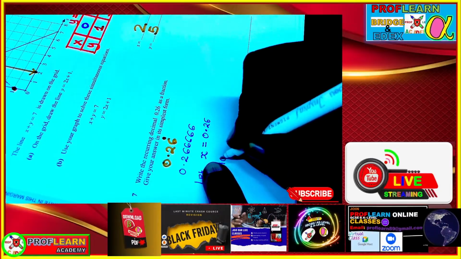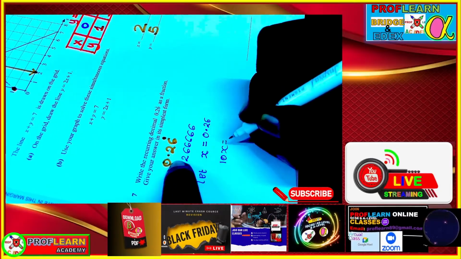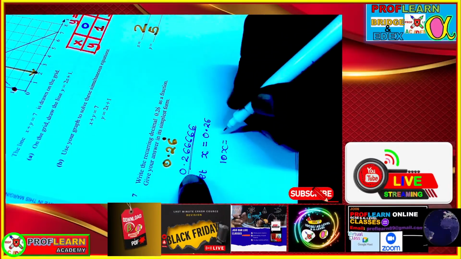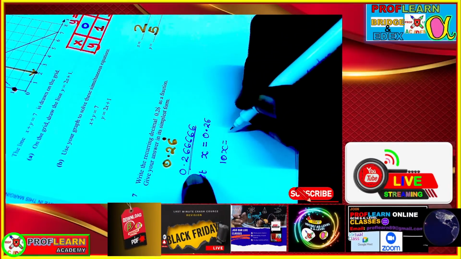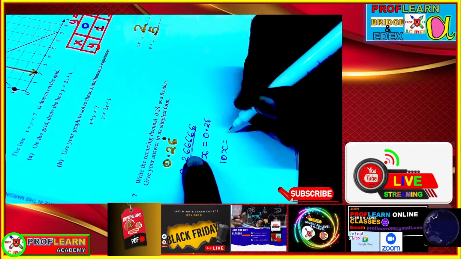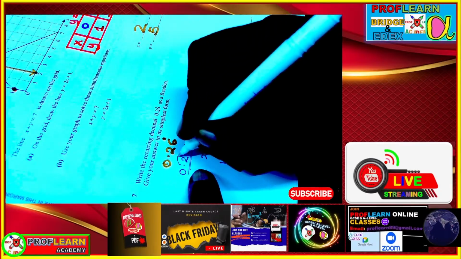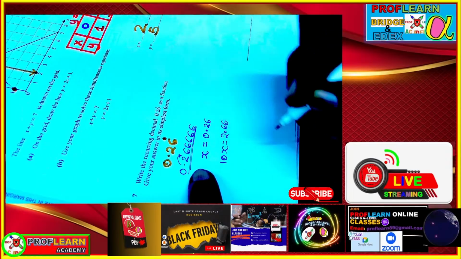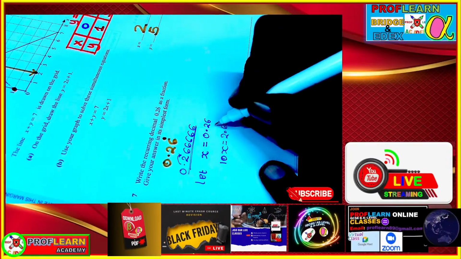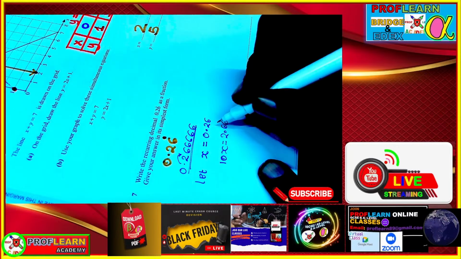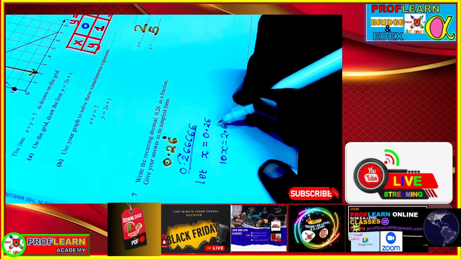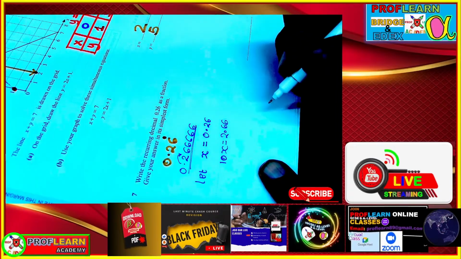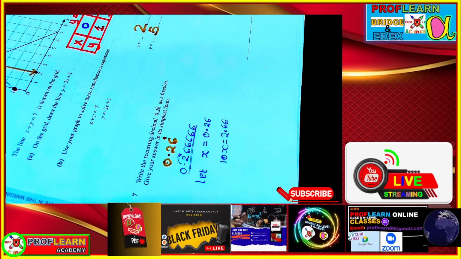What will 10x be? 10x will be this number times 10, written also in 2 decimal places: 0.266 times 10. The decimal will move 1 step, so we end up having 2.66. If I subtract these 2 numbers, 0.26 and 2.66, I'm not going to get a 0 after the decimal point. So I'll have to continue.